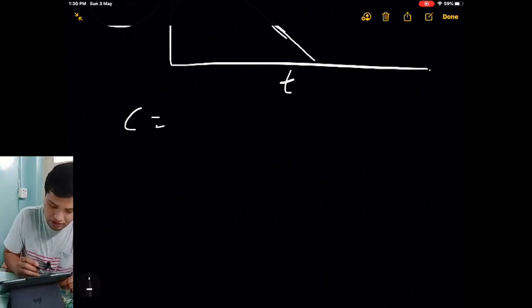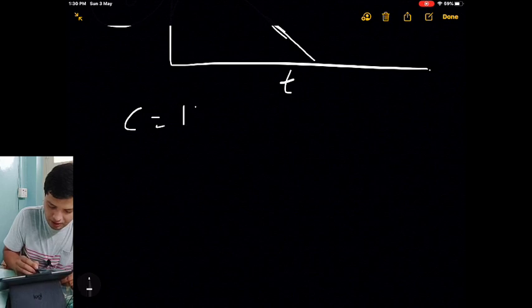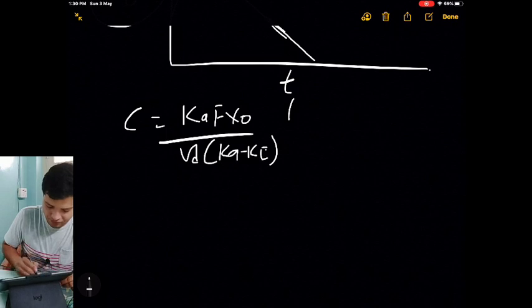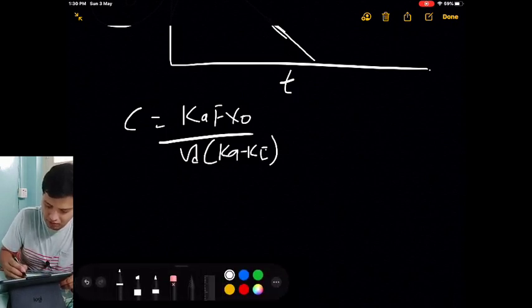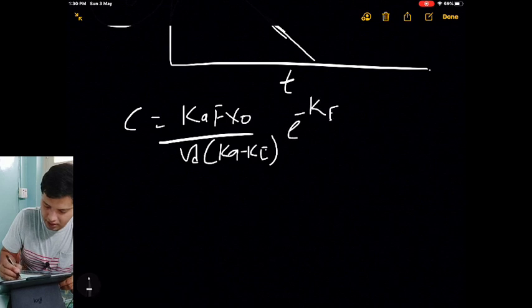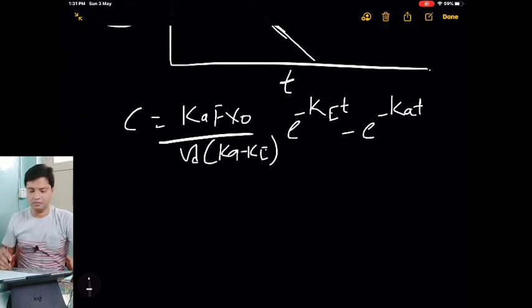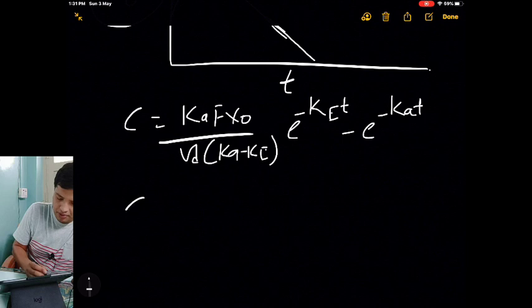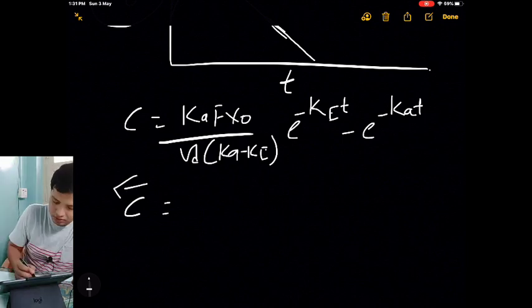The true plasma concentration is this one: Ka F dose divided by Vd (Ka minus Ke), into e to the power minus Ke t minus e to the power minus Ka t. This is the true plasma concentration. What is the extrapolated plasma concentration?